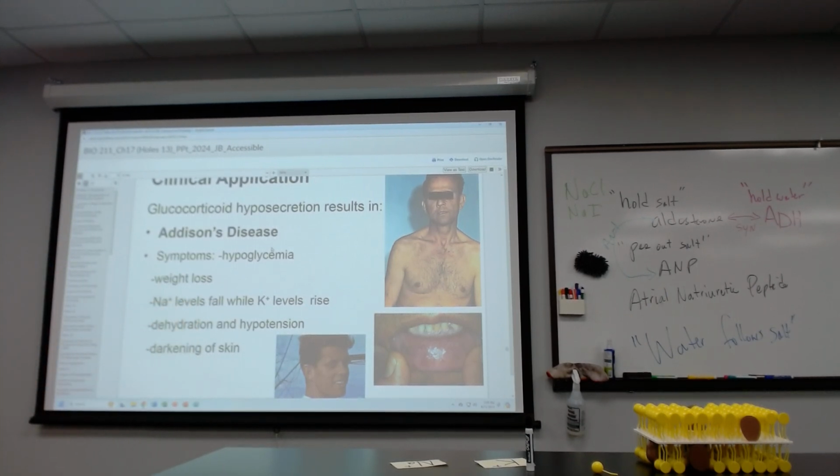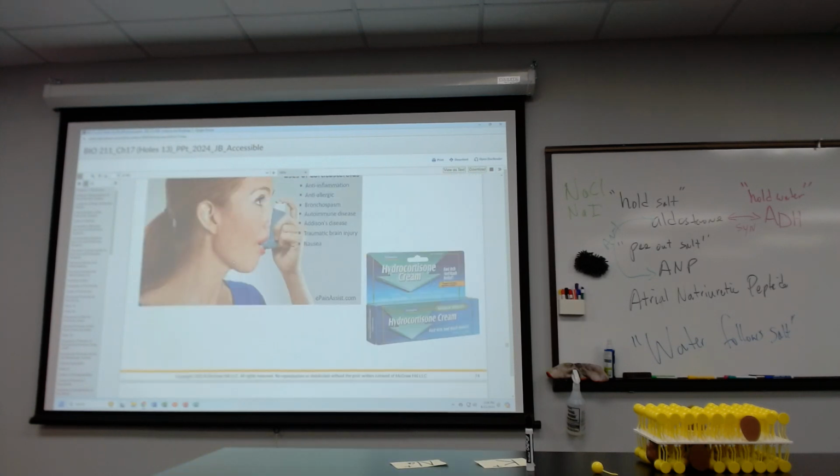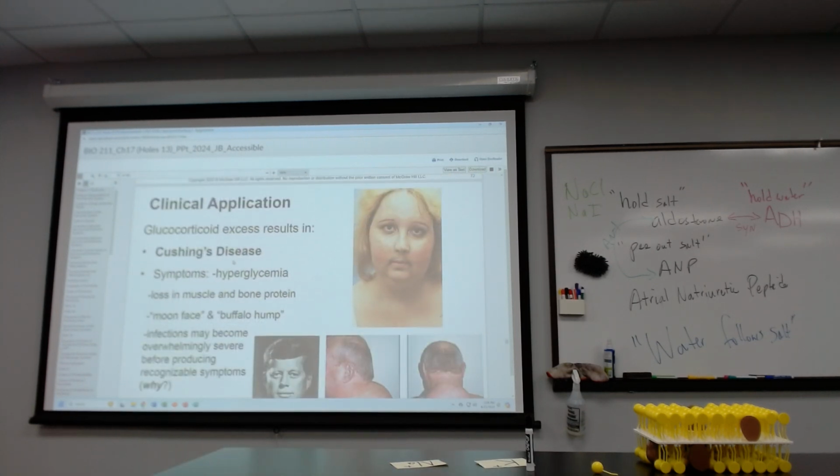Too much, too little cortisol. Oh, what did we use cortisol for? Why does your body have cortisol in it? What's cortisol do? Why do we give somebody cortisol?